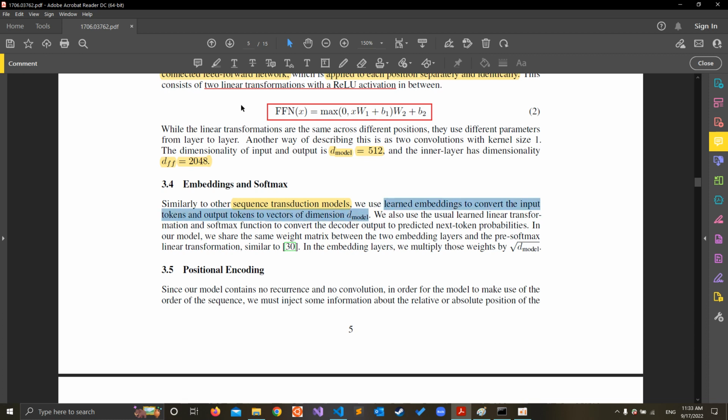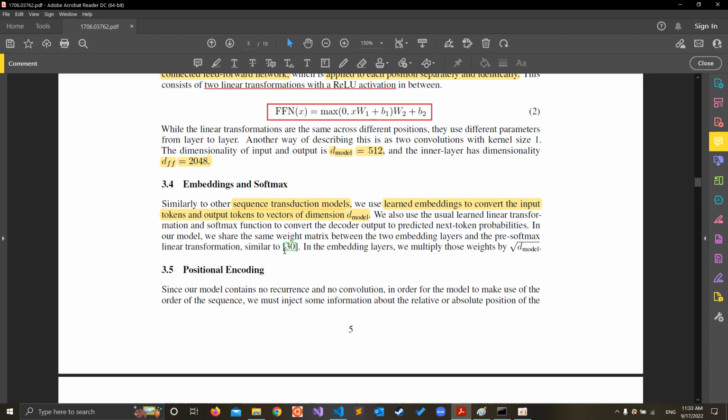We also use the usual learned linear transformation and softmax function to convert the decoder output to predicted next-token probabilities. In our model, we share the same weight matrix between the two embedding layers and the pre-softmax linear transformation, similar to this paper. In the embedding layers, we multiply those weights by this.